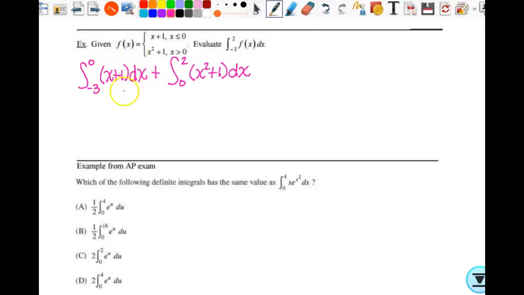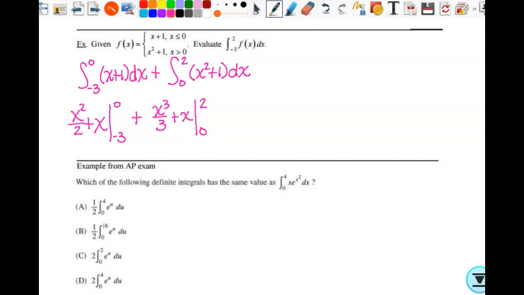When I integrate this, that's going to be x squared over 2 plus x, right? Evaluated from -3 to 0. You didn't have to do the plus c because we're not just leaving it. Plus, then when I do this one, I'll get x cubed over 3 plus x evaluated from 0 to 2.